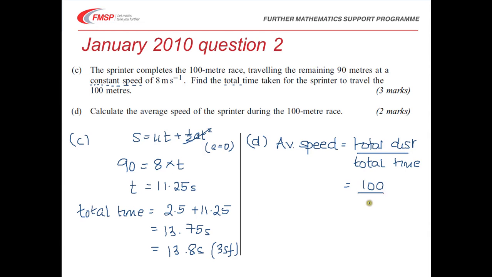And the time now we've just worked out. Now do be careful that you make sure that you use the unrounded figure, so you do want to use 13.75, and that gives us an answer of 7.27. That's to three significant figures. It's speed, so we give the units metres per second.